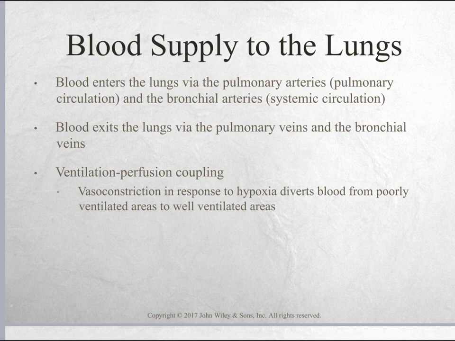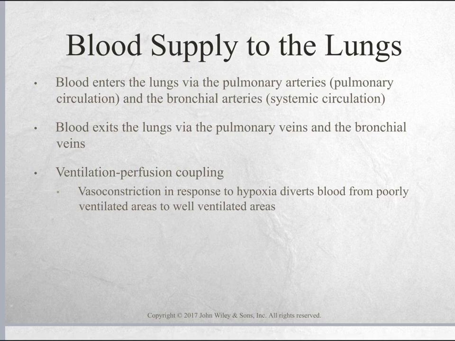So then the question is, how does the body respond? When we get hypoxia, low oxygen levels, vasoconstriction is going to occur in response to hypoxia. We're diverting blood from poorly ventilated areas to well-ventilated areas. And again, if you think about those two variables, ventilation and perfusion, this makes sense.